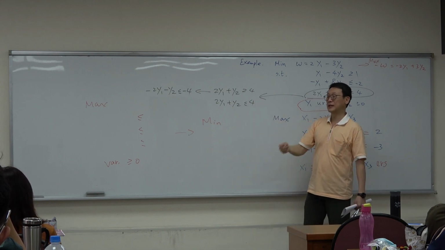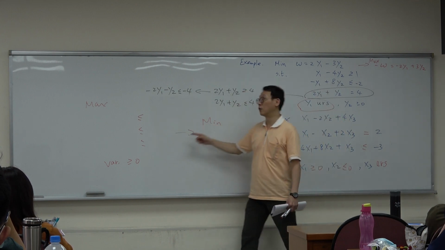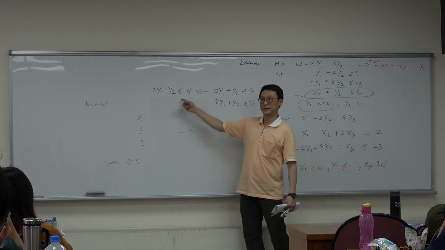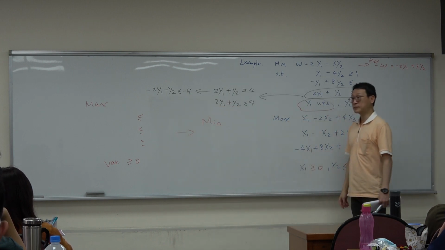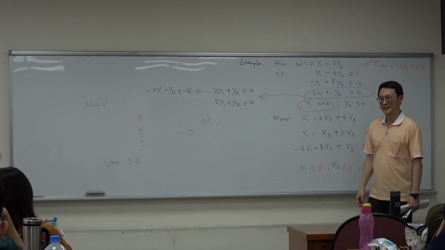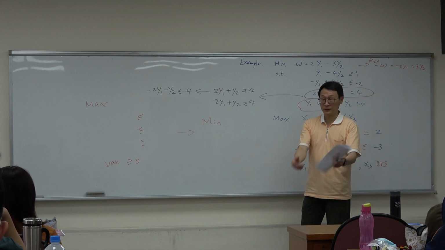Since we need less than or equal to, for this greater-than constraint I have to multiply by a negative value, and it becomes less than or equal to. Yes, we can do that, but it takes a lot of work. You can try.